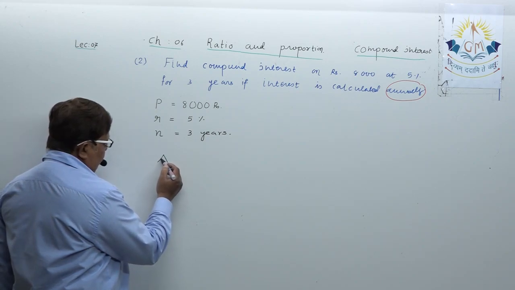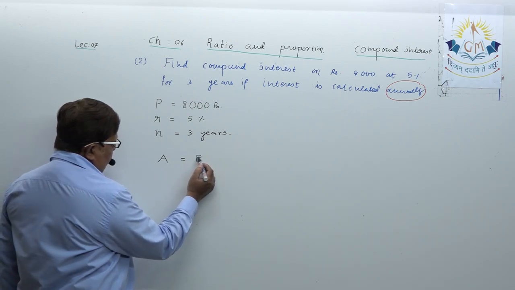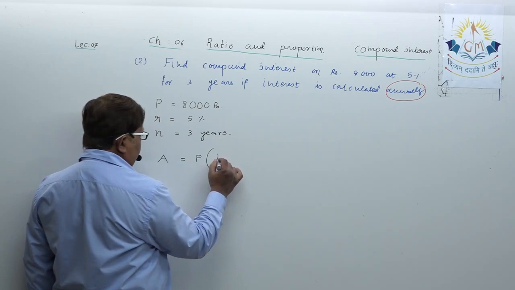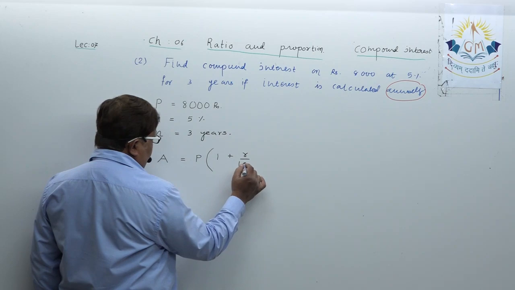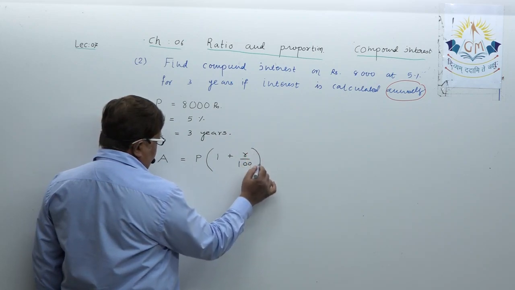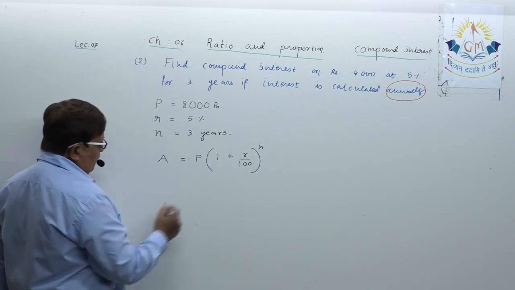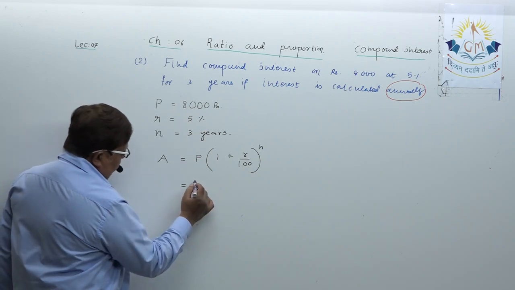A equals P into bracket, concentrate here, 1 plus R upon 100 raised to N. Okay, student? Let us substitute the values.